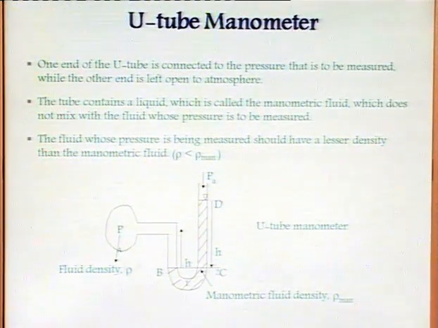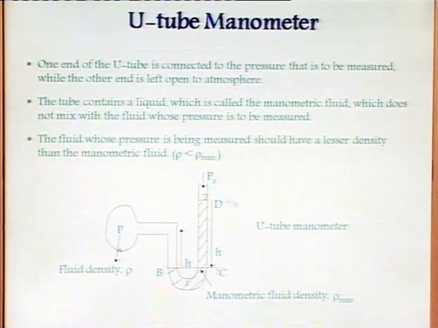Here we completely define the U-tube manometer. One end of the U-tube is connected to a pressure. Here this is the fluid for which we want to find the pressure. Its density is rho, and this liquid is called the manometric liquid, and its density is rho man.